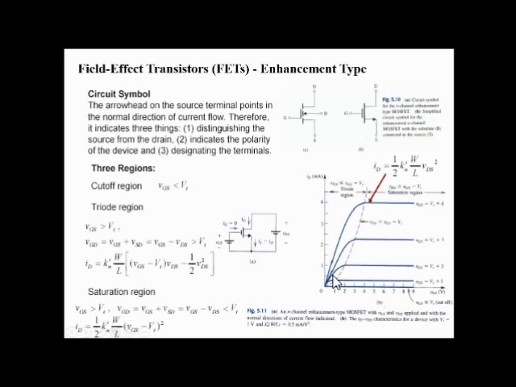This is the triode region, or you can say the ohmic region, in which it behaves non-linearly, and as this VGS is very much higher than the VT, then a large amount of current flows, or this is the saturation region in which a constant current flows, and these things can only be controlled by this VGS or the gate potential. So this gate potential has a very important role in case of field effect transistors and MOSFETs.